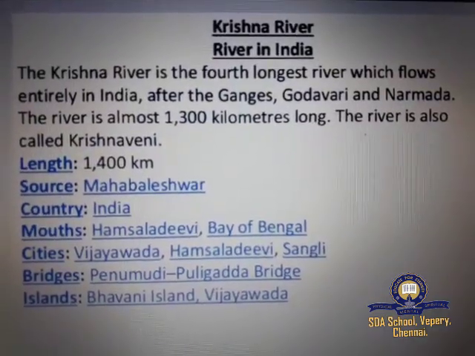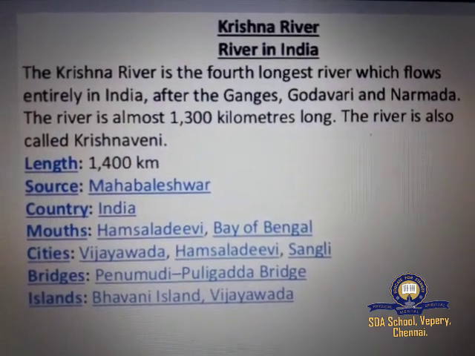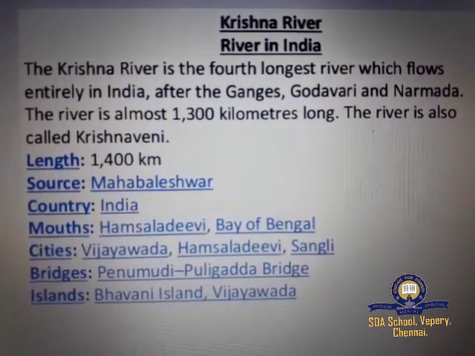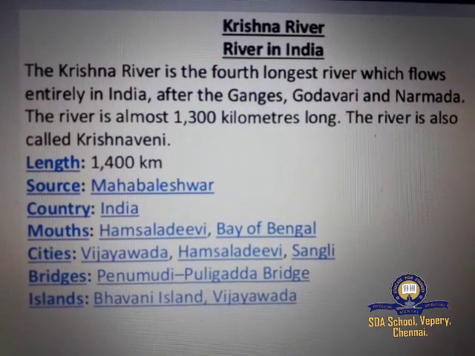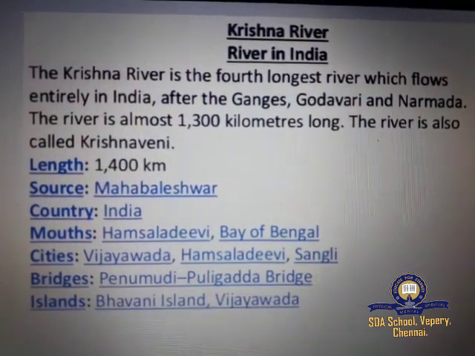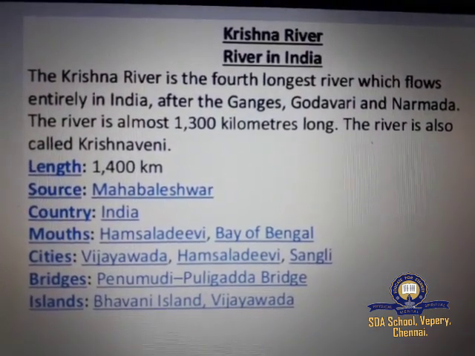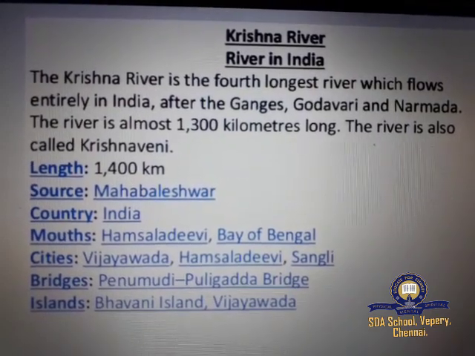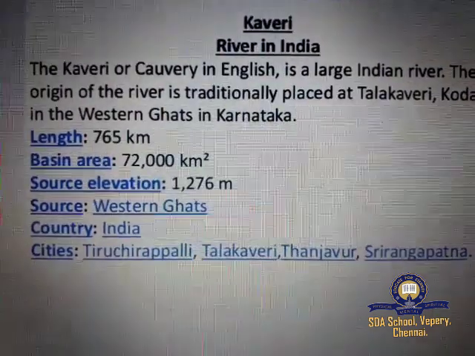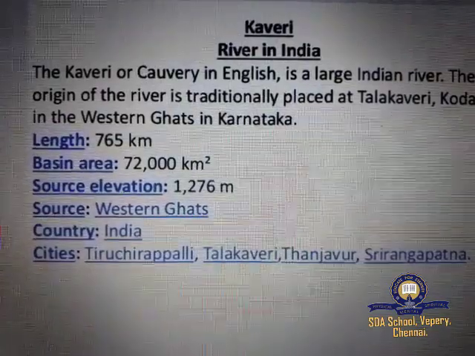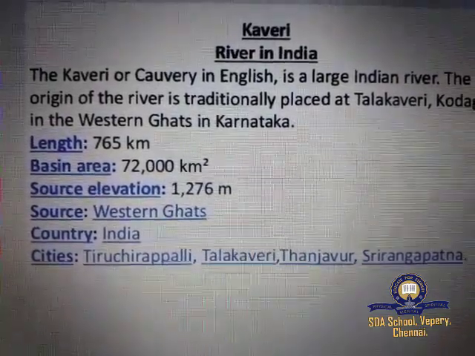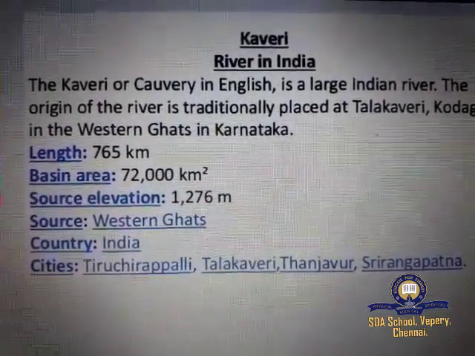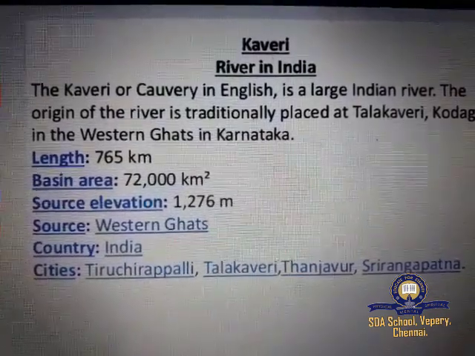Krishna. The river Krishna originates from a spring at a place called Mahabaleshwar in the Western Ghats of Maharashtra. It flows through Andhra Pradesh and joins the Bay of Bengal. Kaveri. The river Kaveri originates at Talakaveri, Kodagu Hills of Karnataka.